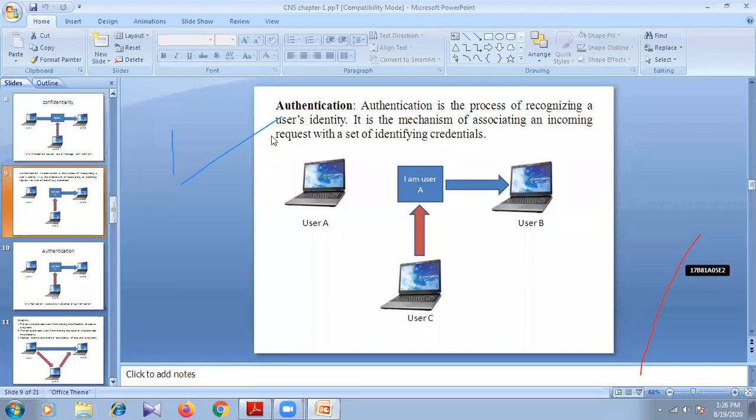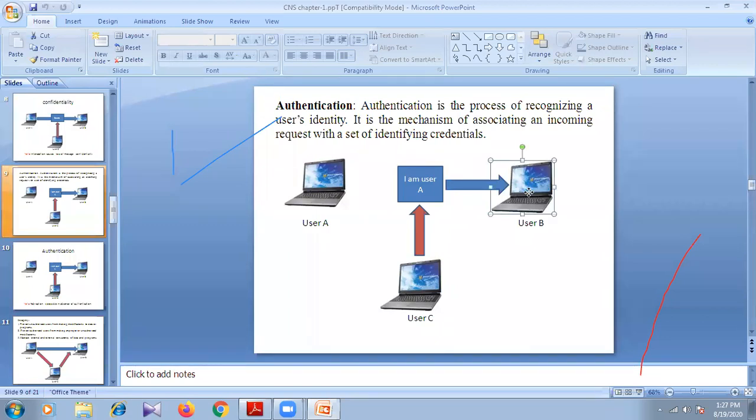So here this is user A, this is user B, and in between is a third unauthorized user, user C. He can say, I am user A. But user A could not send any message to user B, while the unauthorized user sends the message saying, I am the authenticated user. Whether he is authorized or unauthorized, you can identify with user B only.